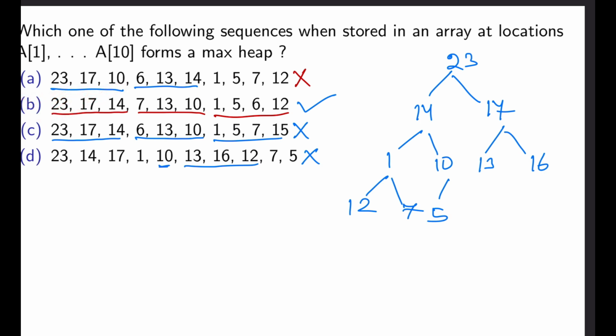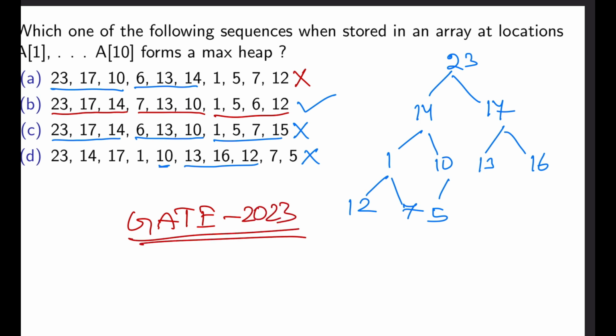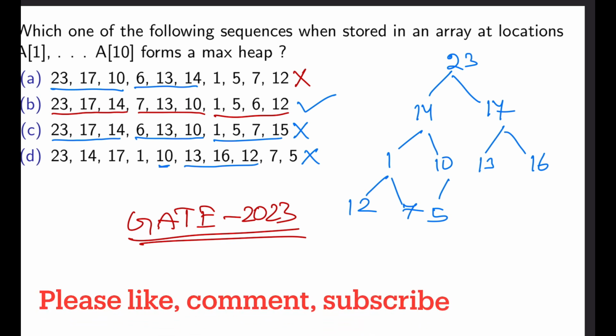This question was asked in GATE 2023, so recently it was asked. I hope this one is clear, how we can represent a max heap in an array, or from array representation to heap, or from heap to array.